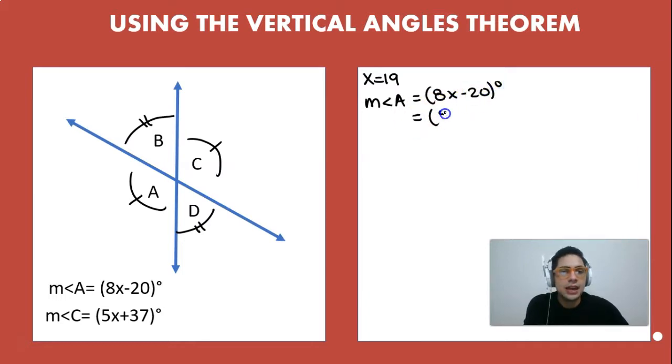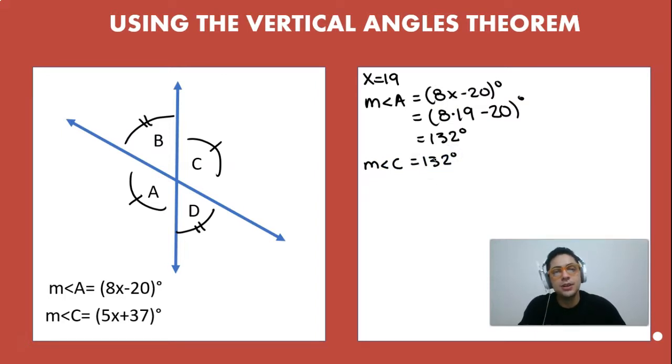So that is 8 times 19 minus 20 degrees, which is actually 132 degrees. We know that the measurement of angle C is also 132 degrees because they are vertical angles. But if you want to verify, you can substitute. 5x plus 37, so 5 times 19 is 95, plus 37 is 132 degrees.